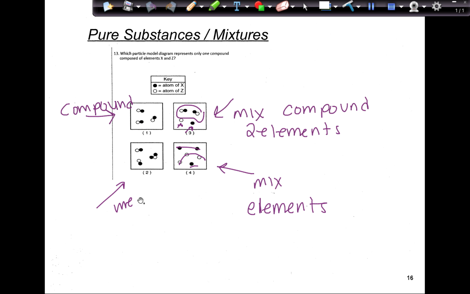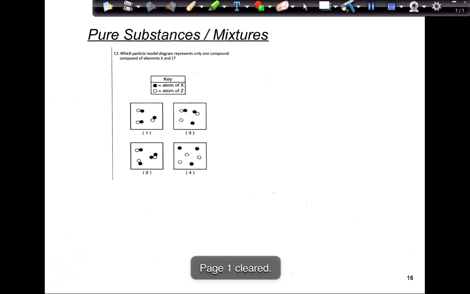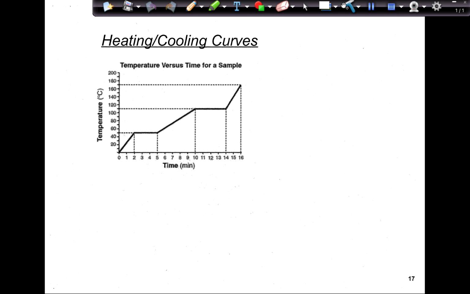This is a different element. And this one here is a mixture of compounds, because this is a 1-to-1 ratio. This is a 2-to-1 ratio. Remember, for compounds, if the ratio changes or the proportion changes, you change which compound you have.